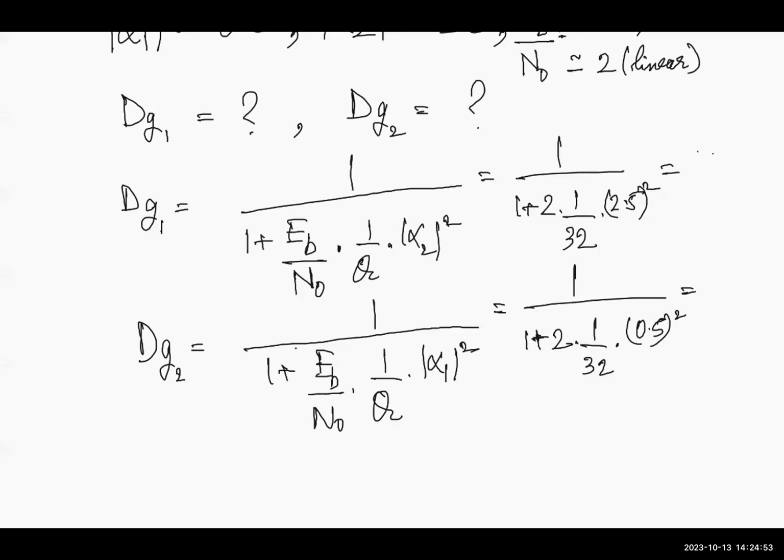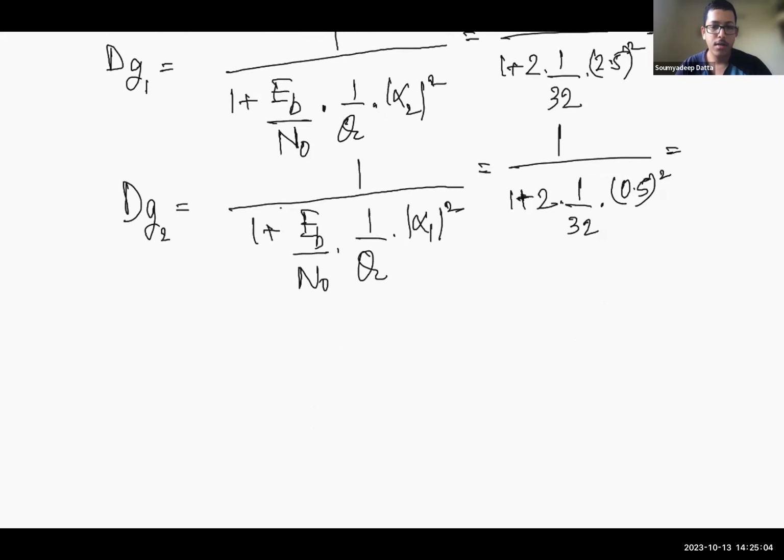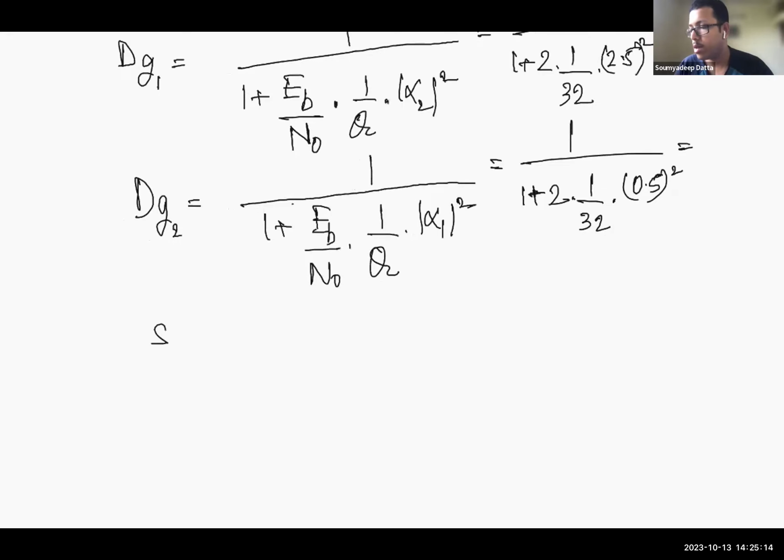Okay, sir. Okay. Let's continue. What else can you calculate? Now you are asked, so this is the degradation factor, and then you are asked SINR 1 for user 1 and SINR 2 for user 2. How will you calculate this?